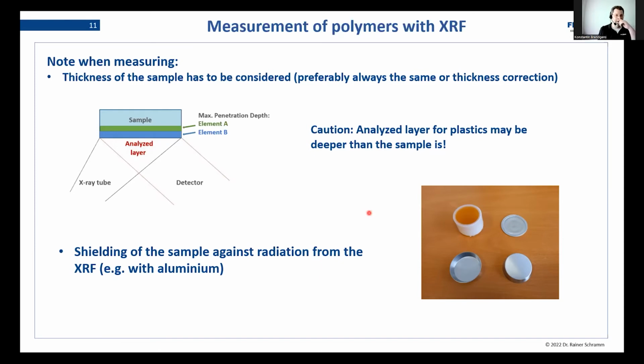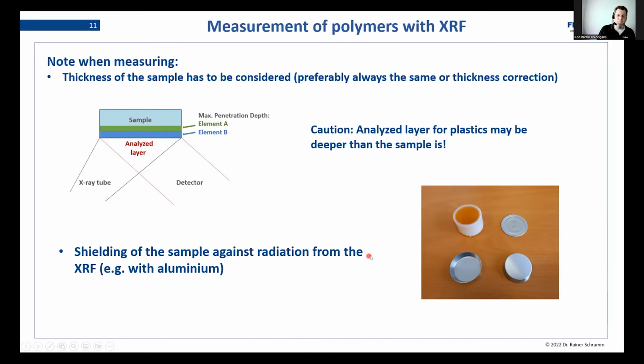You always want to have a look at that when measuring your samples, because the problem is that your sample is so light that you might actually see parts of your machine. You need to have a sort of thickness correction to get a good quantification, but you might also need some sort of shielding to prevent these interfering X-rays from messing with your analytics.